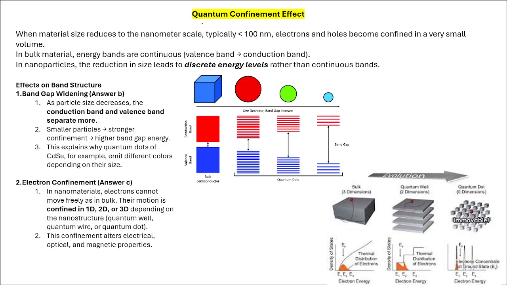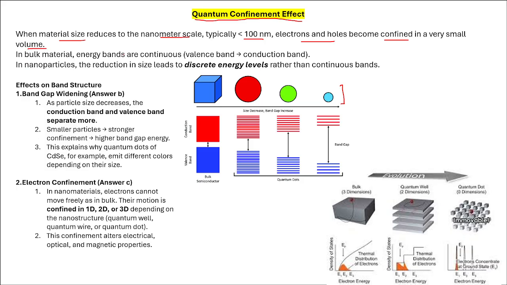Now let us understand what the quantum confinement effect means. Suppose whenever material size reduces to the nanometer scale, suppose this is the bulk material, and over time the size is reduced to the nanometer scale, typically less than 100 nanometer, electrons and holes become confined in a very small volume.